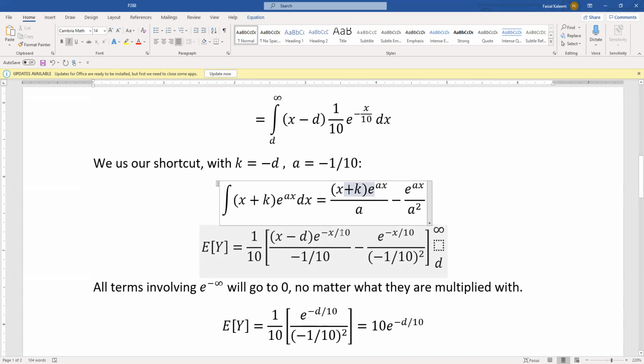It's going to zero out the whole thing. So that's why this part is 0 when we substitute infinity.